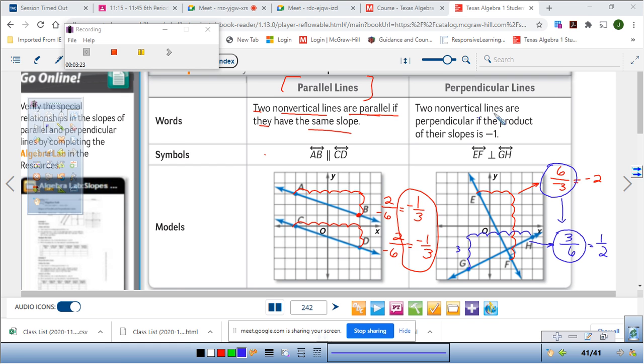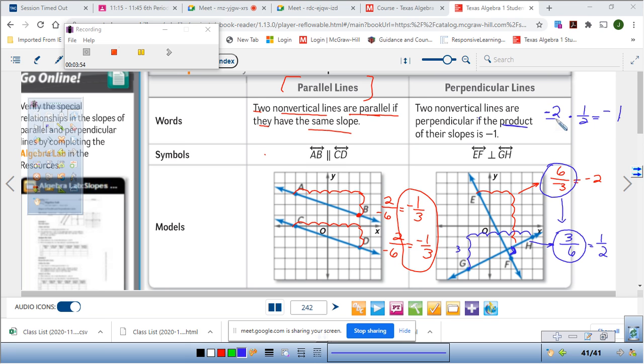Now, remember what the rule says here. Two non-vertical lines are perpendicular. Perpendicular means where they cross at a right angle. I forgot to cover that. You see there's a right angle there. If the product, meaning to multiply their slopes, okay? So if I multiply these two numbers, a negative 2 times a 1/2, it's supposed to give me a negative 1, right?